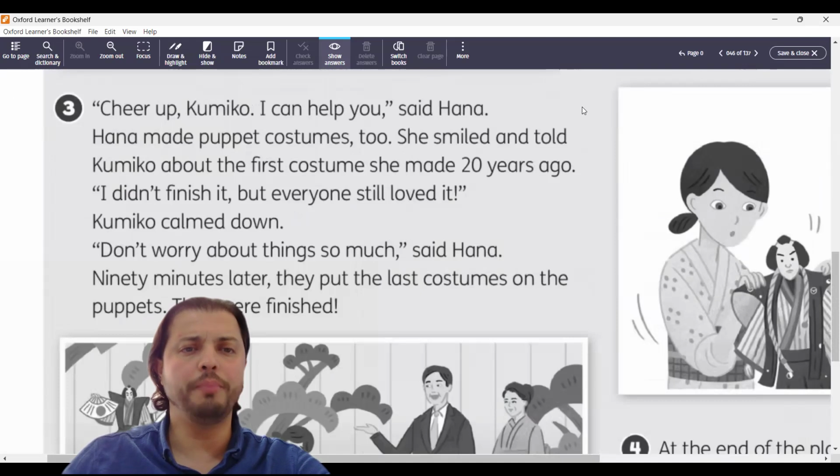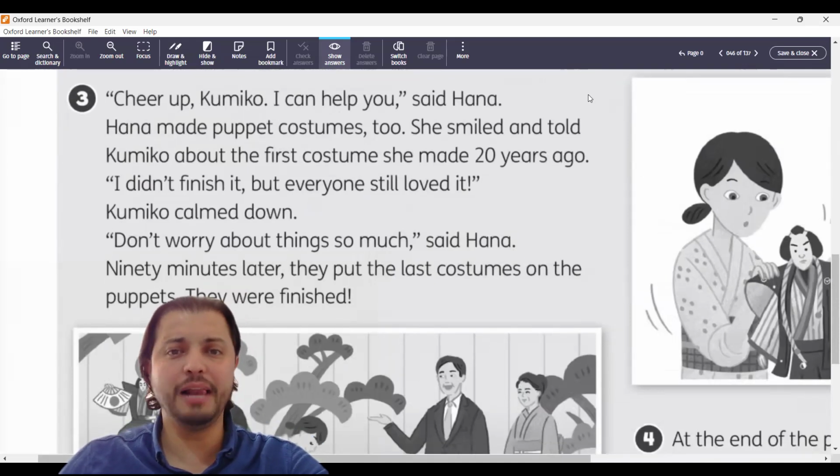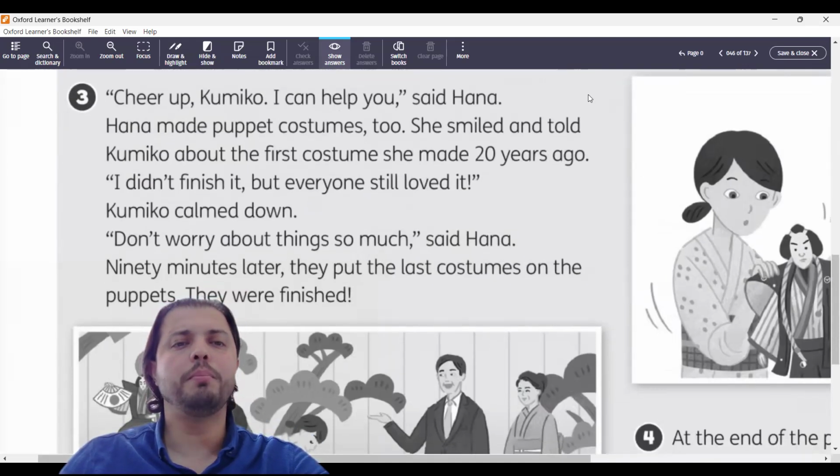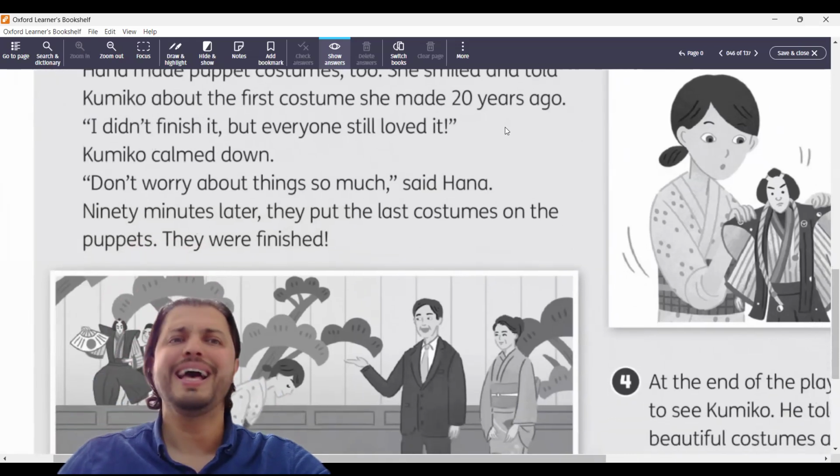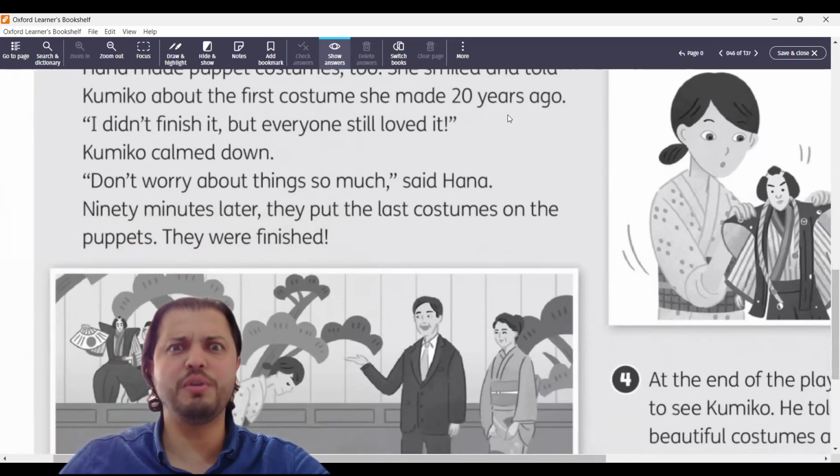Cheer up, Kumiko. I can help you, said Hannah. Hannah made puppet costumes too. She smiled and told Kumiko about the first costume she made 20 years ago. I didn't finish it, but everyone still loved it. Kumiko, calm down. Don't worry about things so much, said Hannah. 90 minutes later, they put the last costume on the puppets.